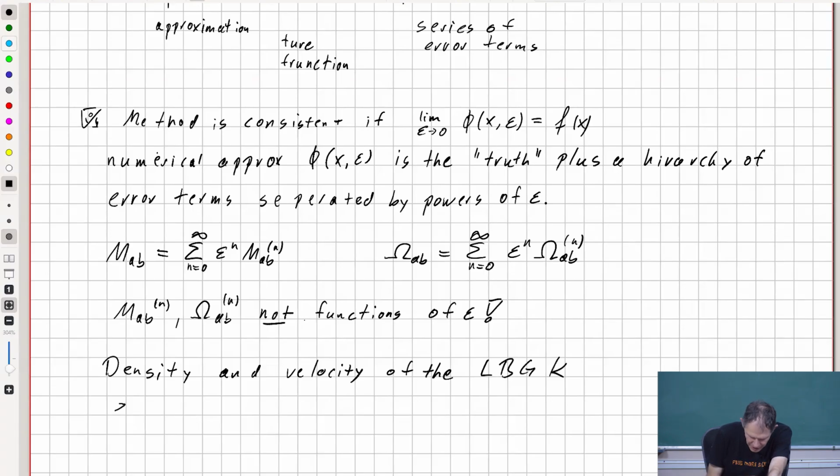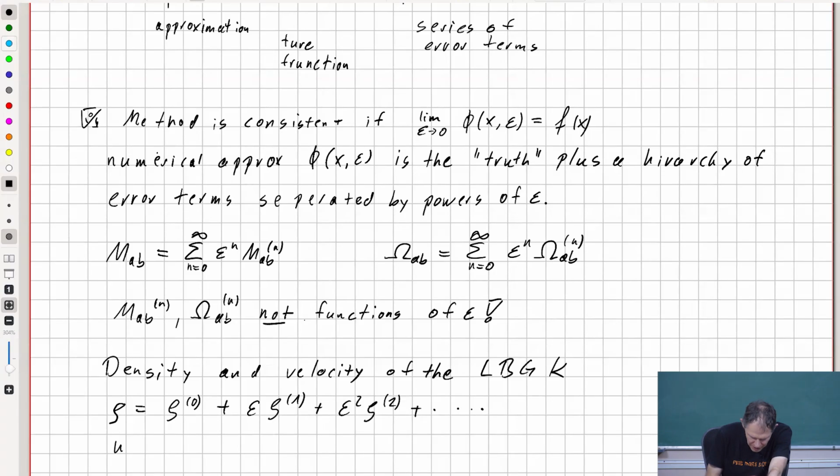So basically, we have a rho, the zero-order moment that we calculate, and this is made up of a zero-order term of this rho plus epsilon times the first-order term plus epsilon squared times the second-order term plus dot, dot, dot to infinity.